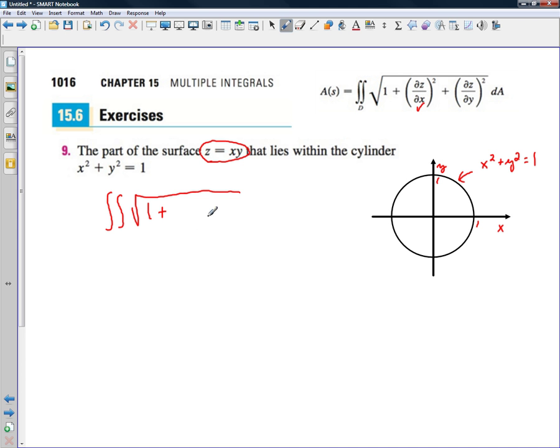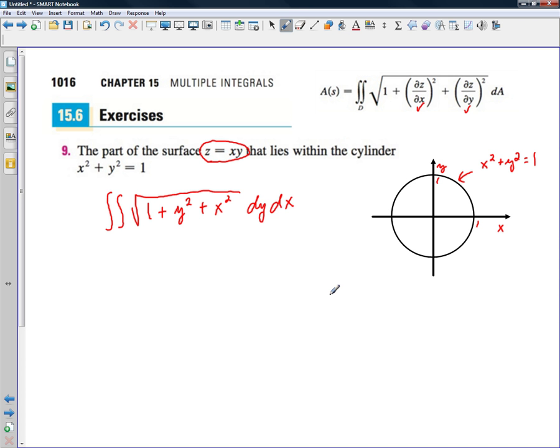And if we do that, it seems to me that we'll just get y, and then we'll square that. And then if we take the derivative with respect to y, it seems that we'll get x. And the formula calls for us squaring that. And then we're going to have dy dx, and we have to set our limits.